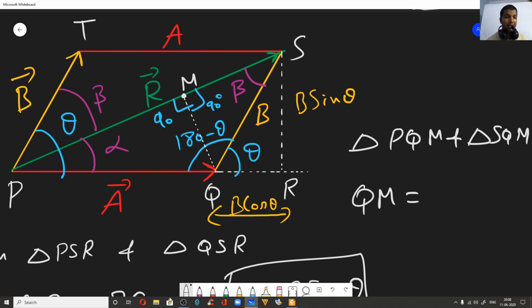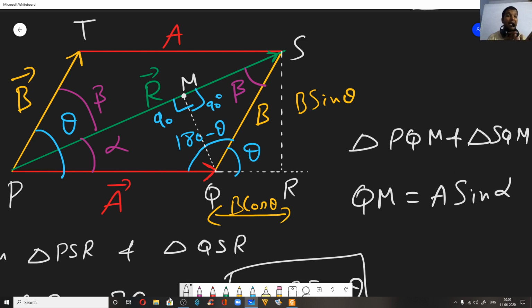I'll write it directly, but please try to write on your own. You can write it as A sine alpha. Just draw PQM separately, with side A and angle alpha.